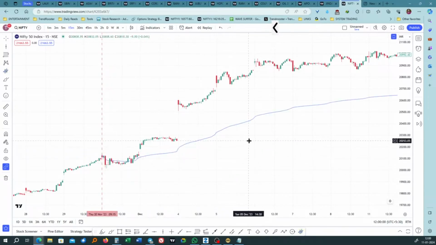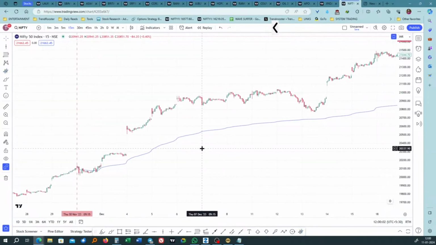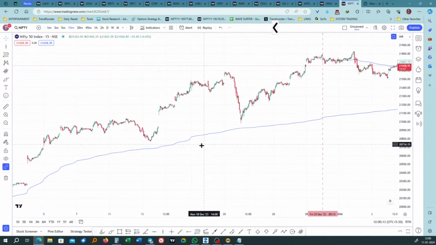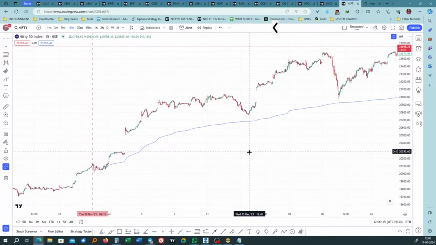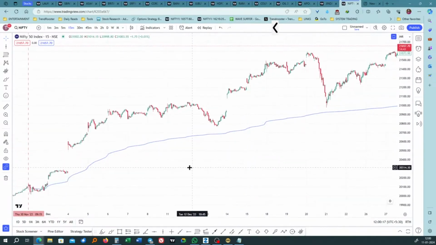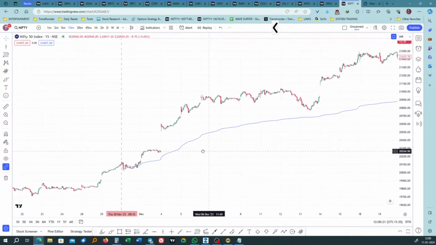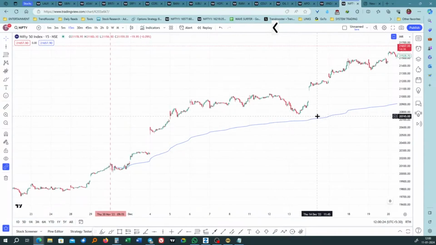So what was the market bias in December, till this area? What was the market bias, guys? Do you see it? You clearly see it. You don't want to go short, right?